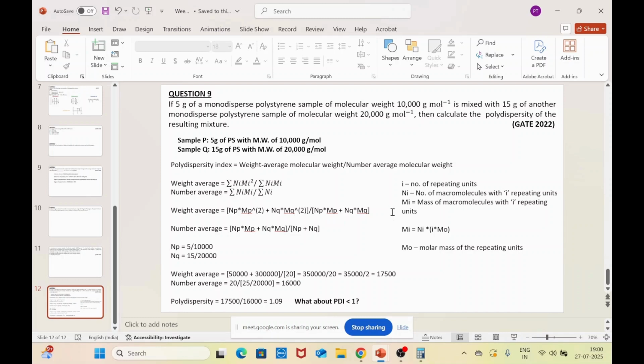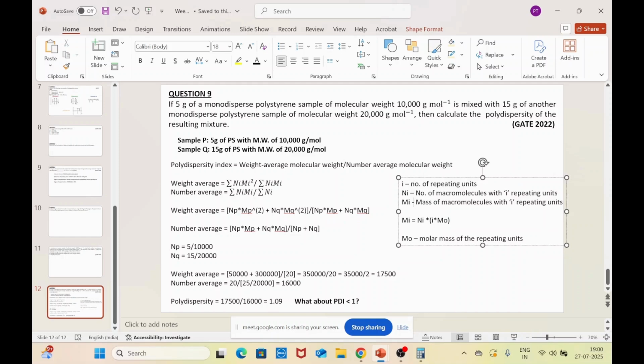Mi is the mass, not molar mass, of the macromolecules with I repeating units, and this Mi is represented as Ni times I times M naught. This M naught is the molar mass of the repeating unit. If you multiply that with the number of repeating units, you will get the molar mass of that entire macromolecule with I repeating units. If you multiply that with Ni, then you will get the mass of the macromolecules with the I repeating units.